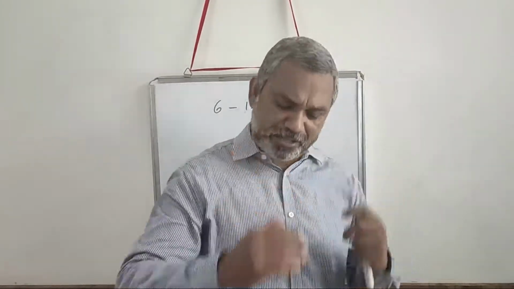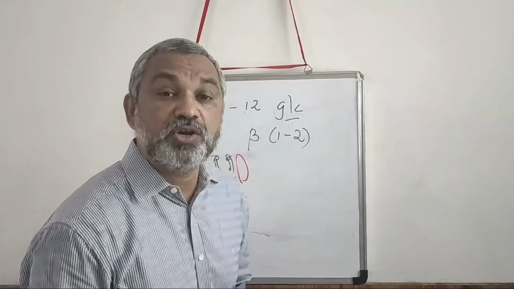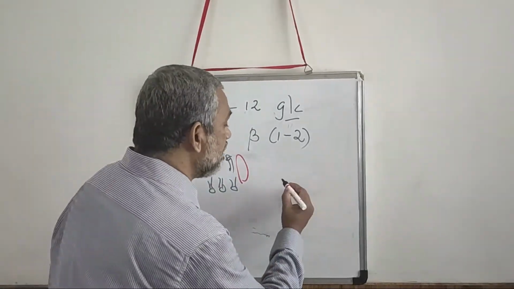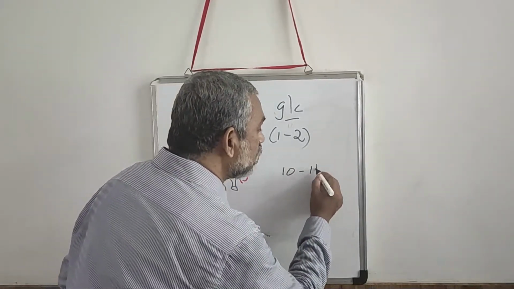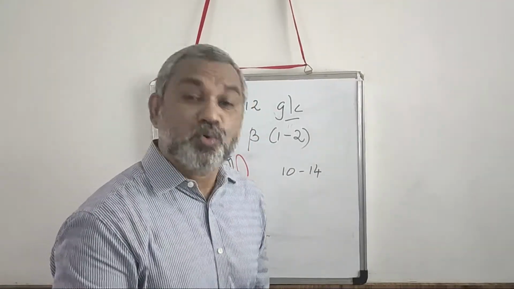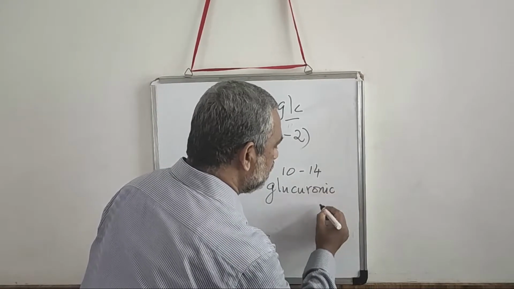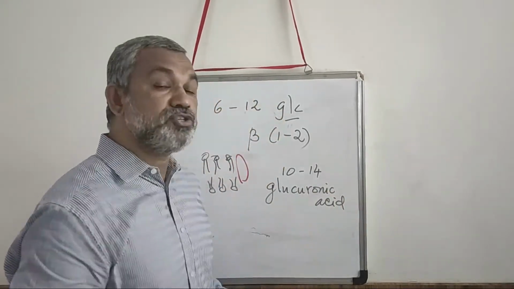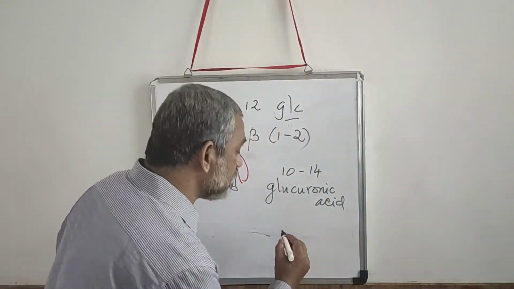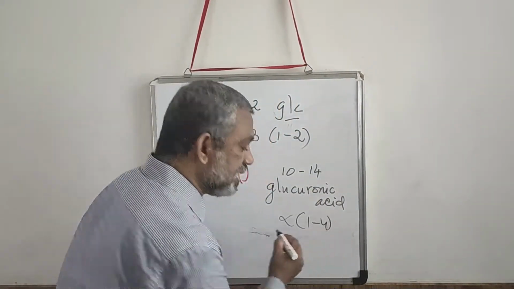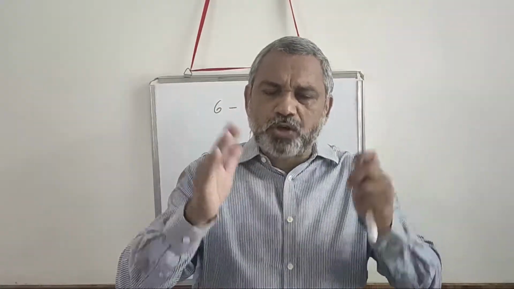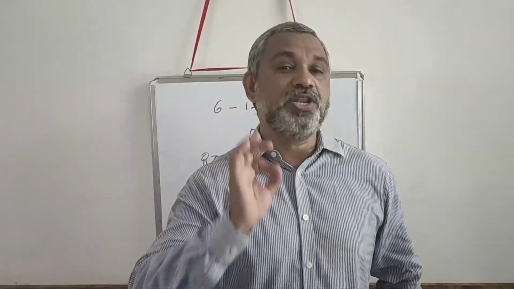There is another classic example of another oligosaccharide. That oligosaccharide is made up of about 10 to 14 glucuronic acid units, and these glucuronic acids join together by alpha 1,4 linkages. So it forms a short chain, and this oligosaccharide is found in plants.